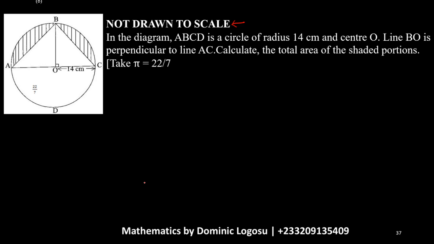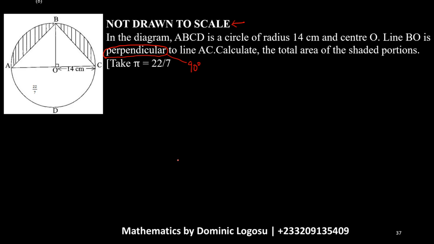So it means line BO and AC will create 90 degrees on both sides. That's the meaning of perpendicular.